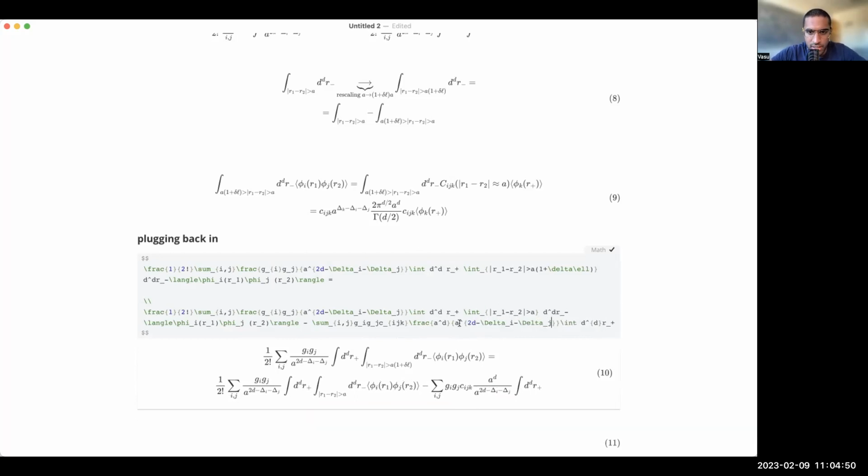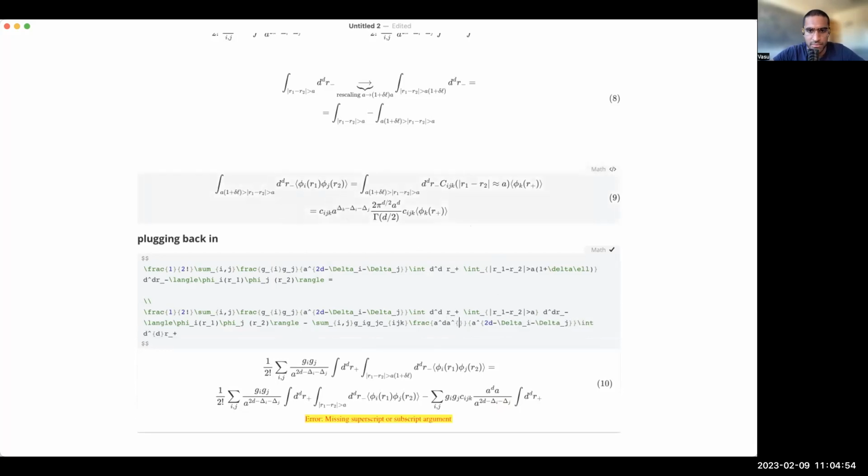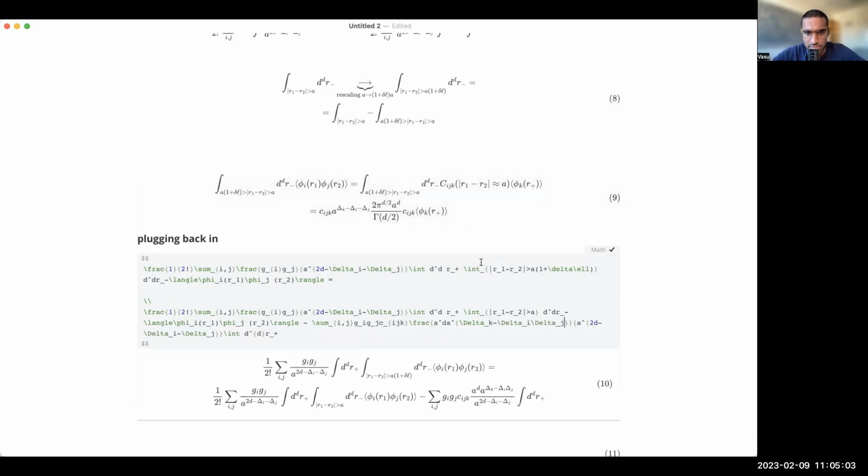We have, in addition, the contribution coming from the actual B coefficient. So we have a to the power delta k minus delta I minus delta j. And so we also have that this is phi k of r plus.